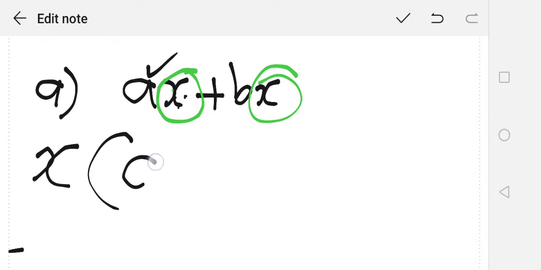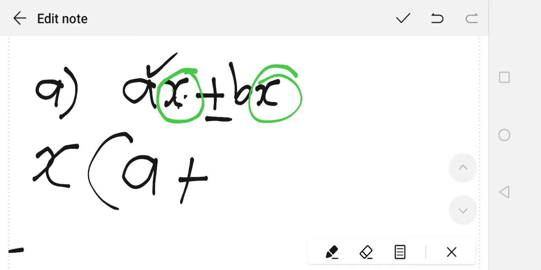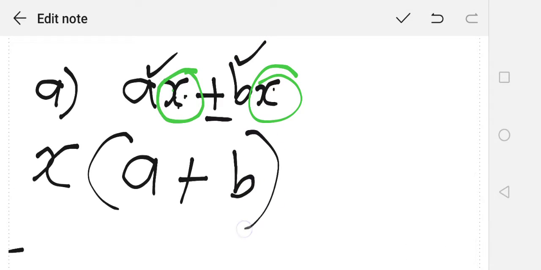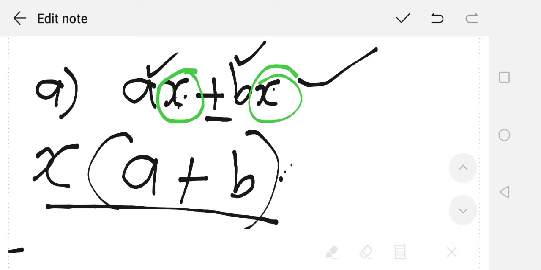So we will write this a down and we will drop this positive sign here. And when we take x out of our second term, we are left with b. So we will write this b down and close our bracket. So now we have factorized this expression over here to give us this expression x open bracket a plus b.